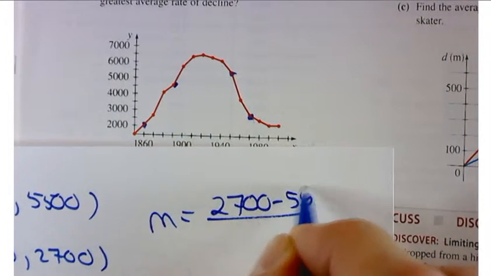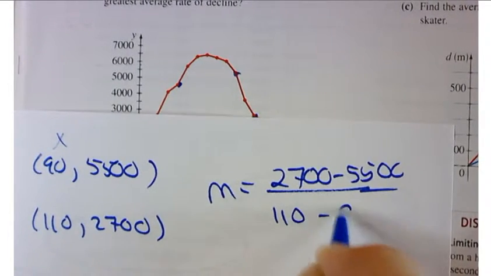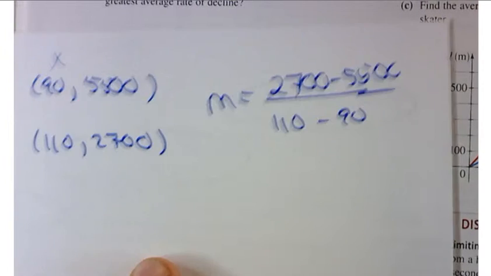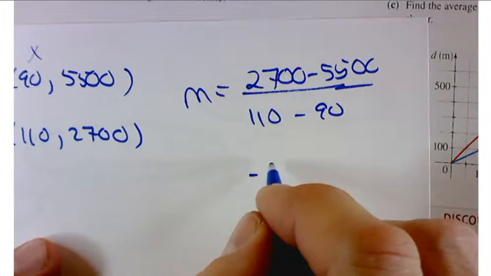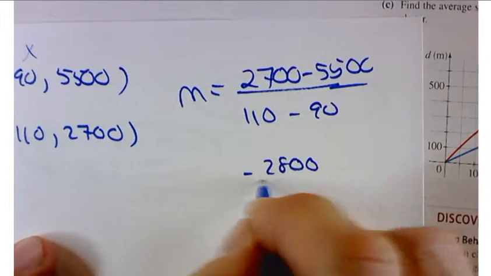The zeros cancel. 2 goes into 280, 140 times. The negative reflects the fact that we're decreasing. So, negative 140 farms per year, if you're keeping track of the units.